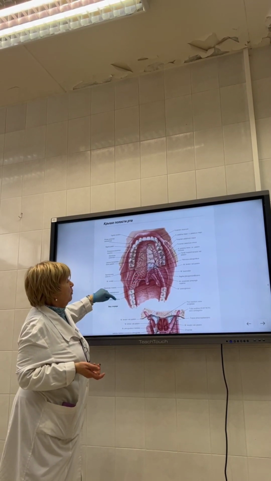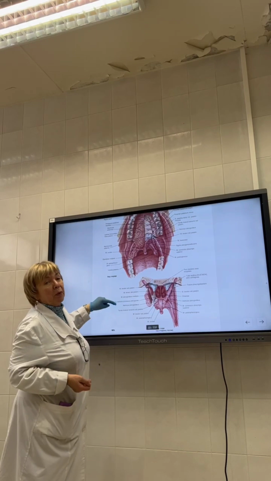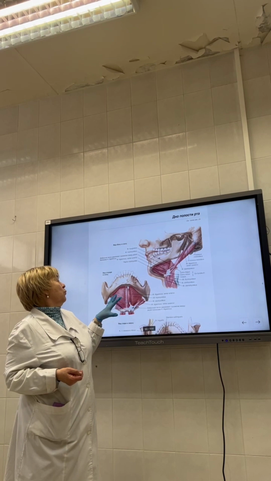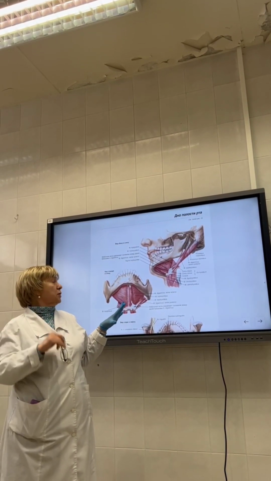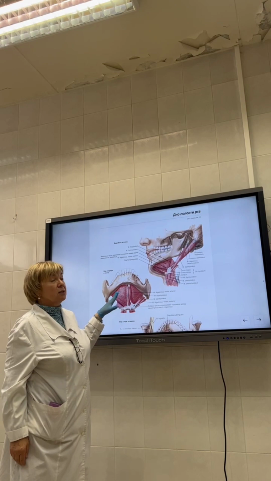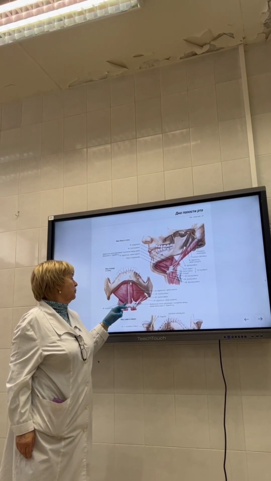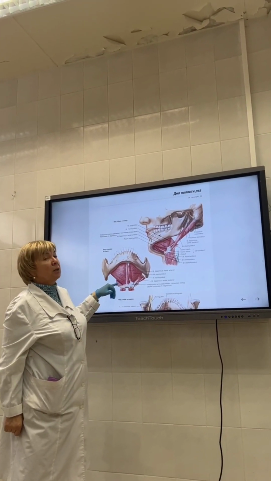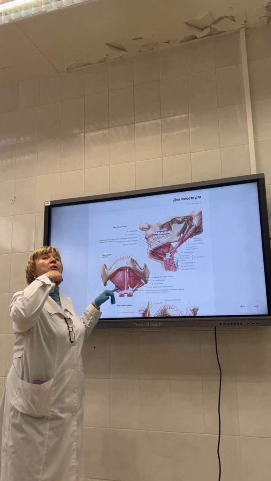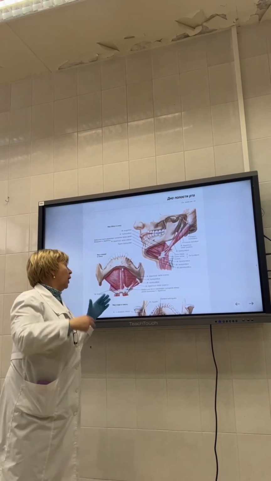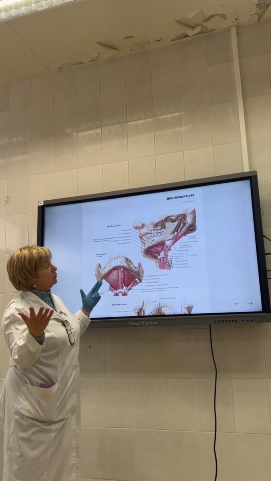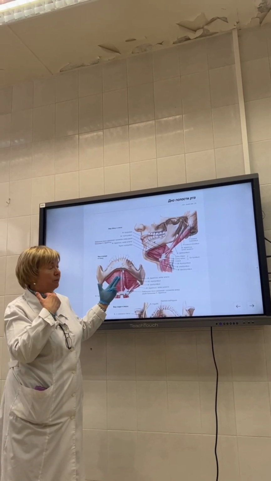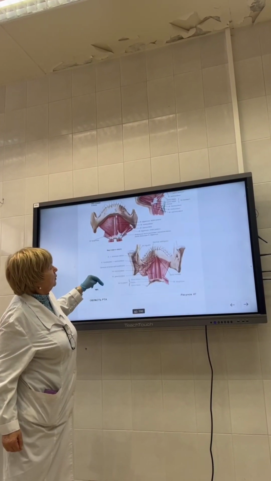Yes, there's the upper wall, the muscles of the soft palate. I show to you here the bottom, the inferior wall of the oral cavity, on the sagittal section. It is formed by the mylohyoid muscles, not all of them. They form a raphe between, and above the mylohyoid muscle is musculus geniohyoideus, and below the floor is supported by the anterior belly of the digastric muscle.